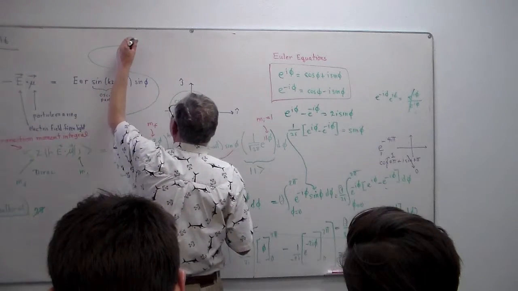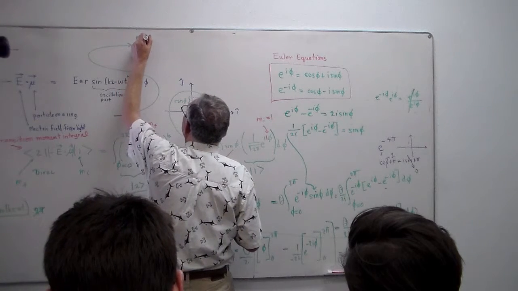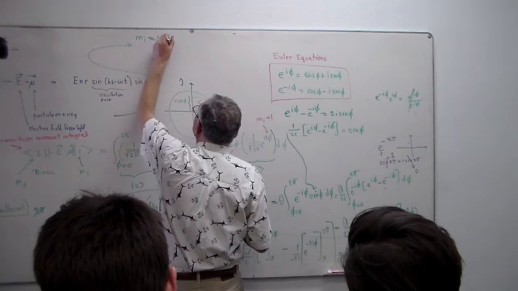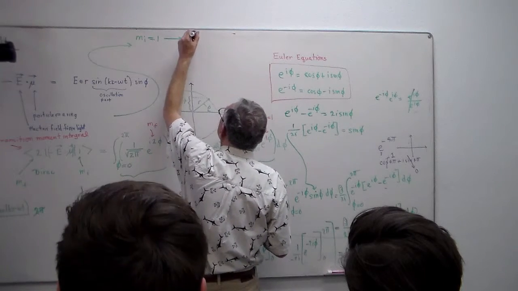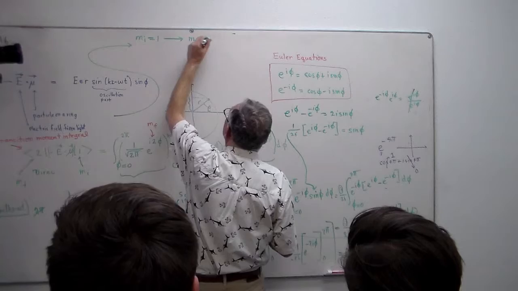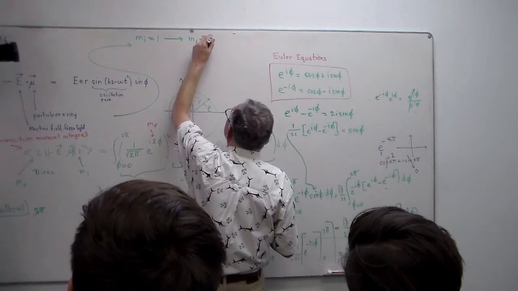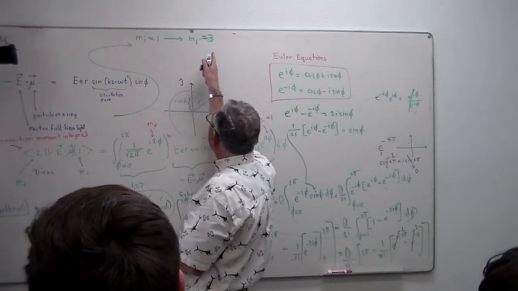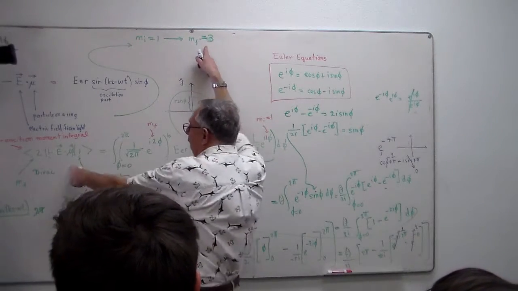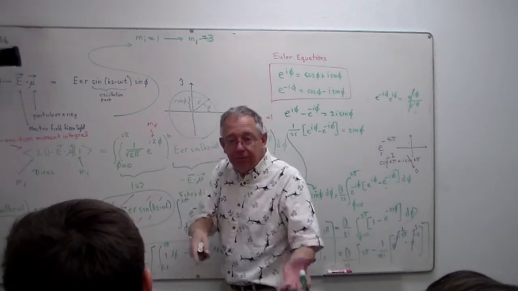Okay, so let's go from m initial equals 1, our initial quantum number 1, to a quantum state m final equals 3. So for this case, going from quantum state 1 to quantum state 3, how would I write in the Dirac form the transition moment integral?